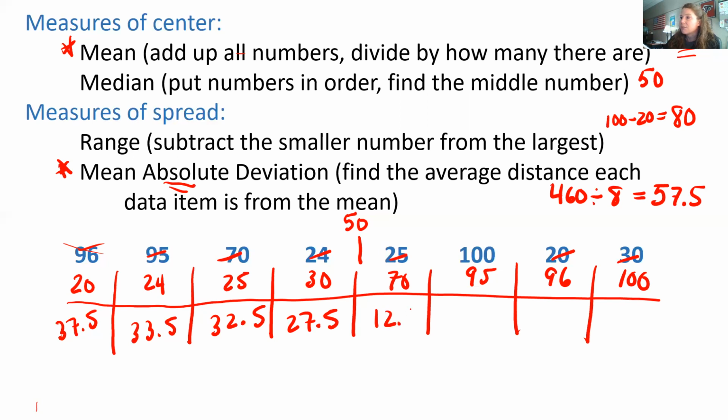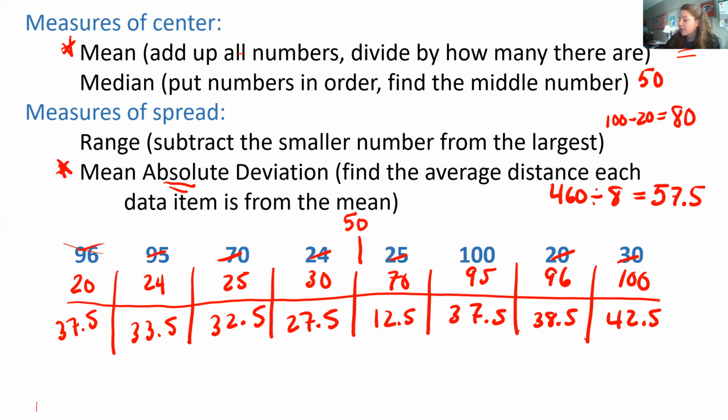Once again, we're just using positive differences. 95 minus 57.5 is 37.5. This would be 38.5. And this would be 42.5, I think. Let me just double check that. 57.5. Yep, 42.5.